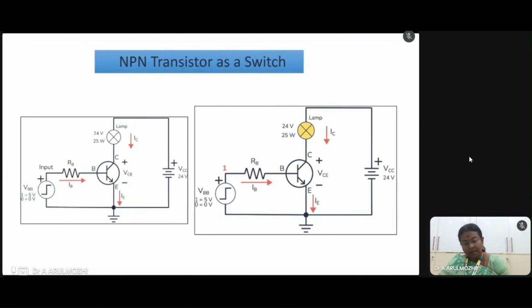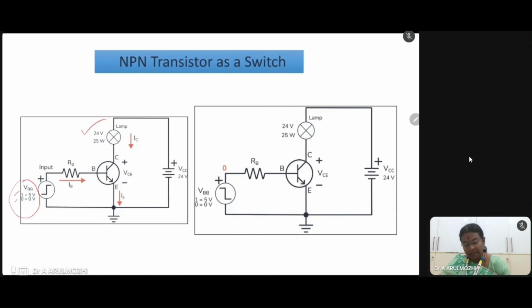Next, the heading is NPN transistor as a switch. Suppose you want to make a 24-watt bulb glow. For that, you have the input signal as 0 to 5 volts, and in terms of digital, it is in terms of 0 and 1.